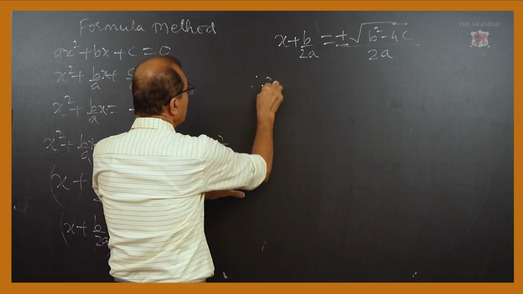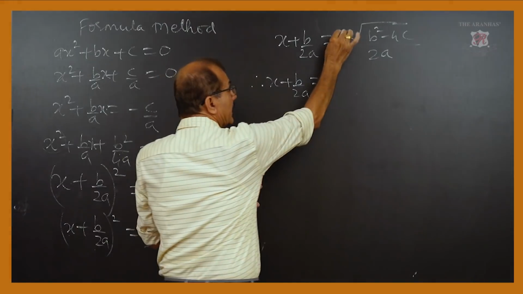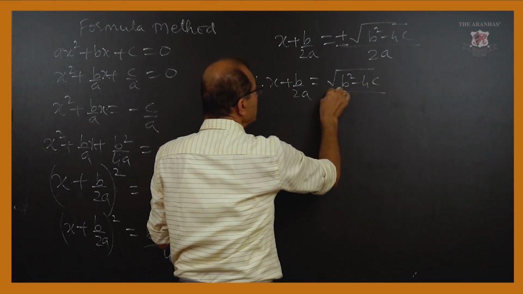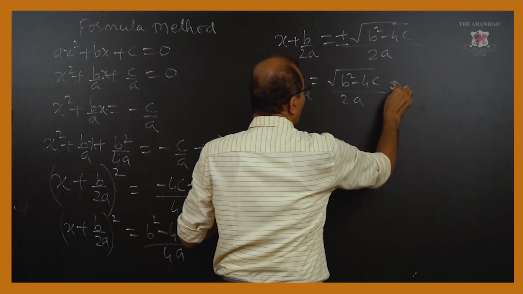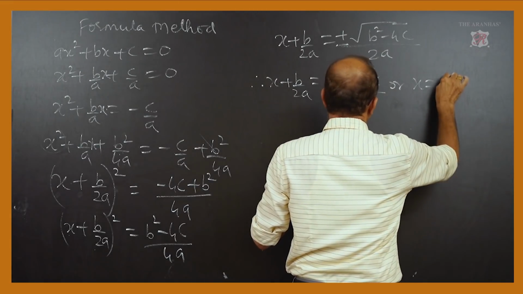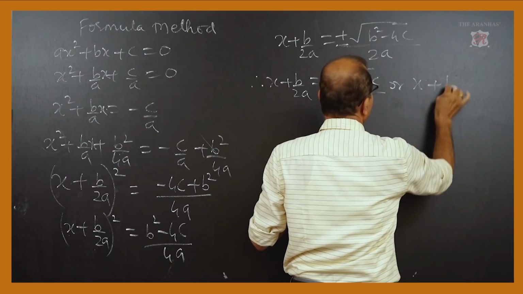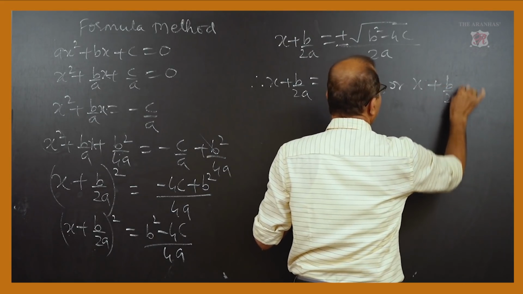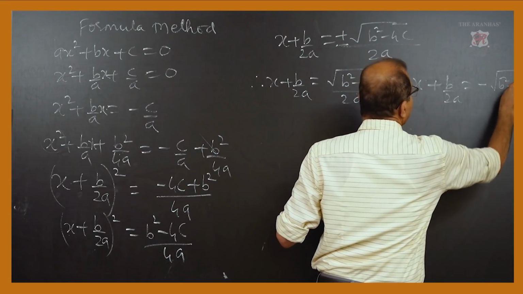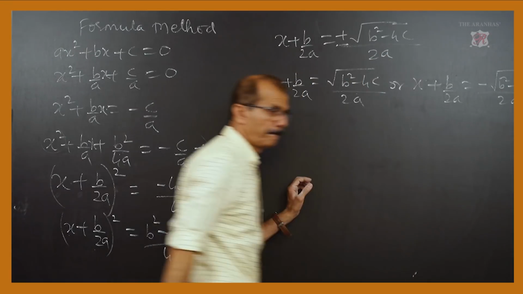So you get here x plus b upon 2a is equals to, once you take plus, root of b square minus 4ac upon 2a, or once you take minus, x plus b upon 2a is equals to minus root of b square minus 4ac upon 2a.